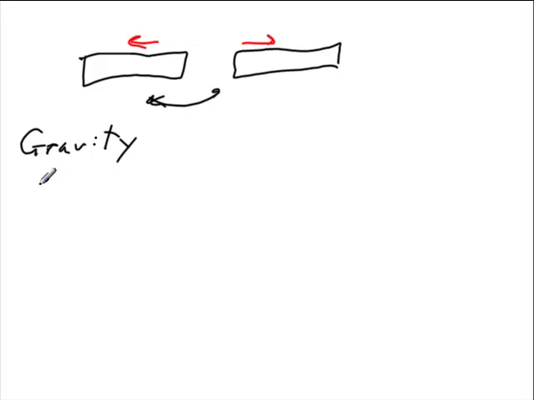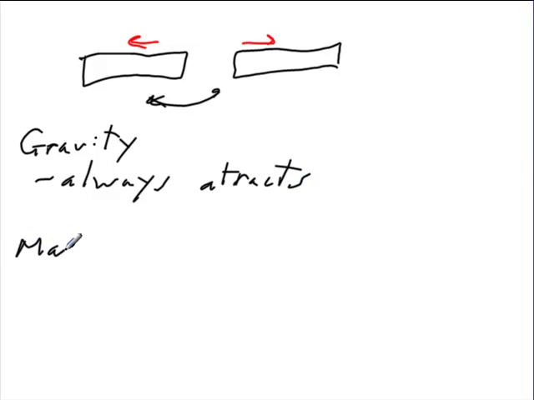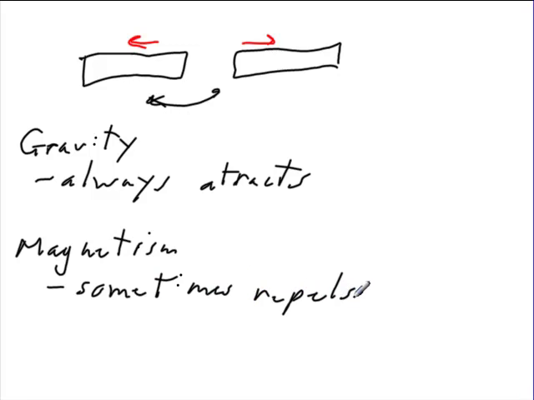Well, we know gravity always attracts, whereas magnetism sometimes repels. Plus, we know from the fact that we can pick things up with a magnet that a relatively small magnet can exert as much force as the entire Earth does on a small object.